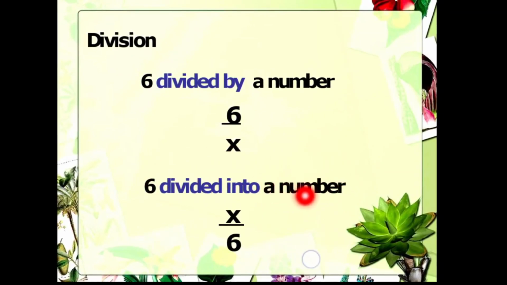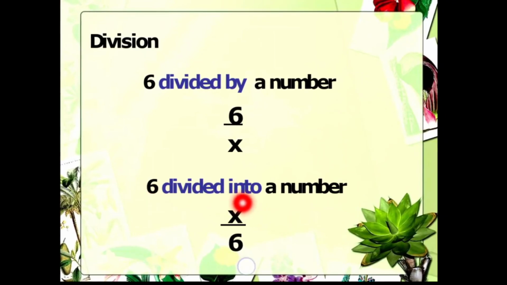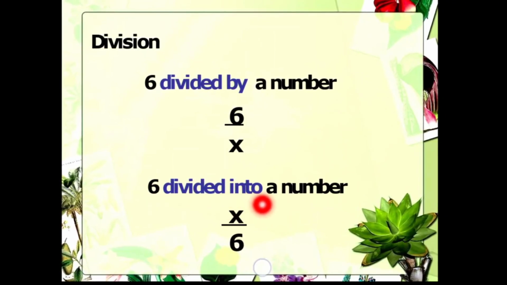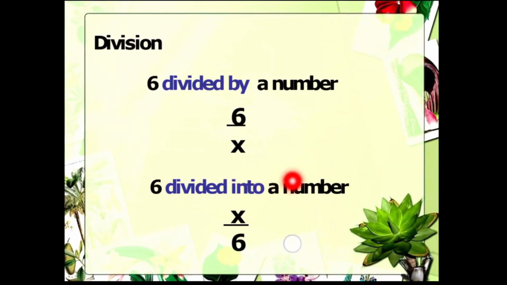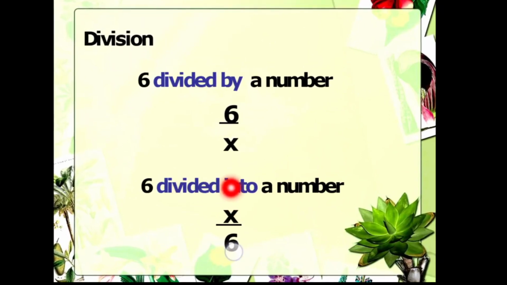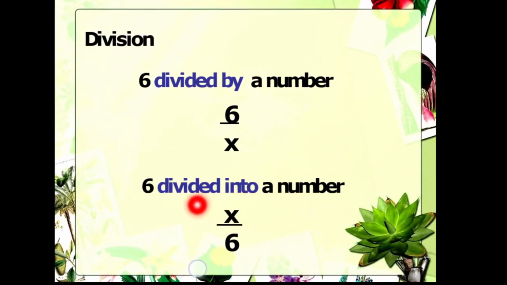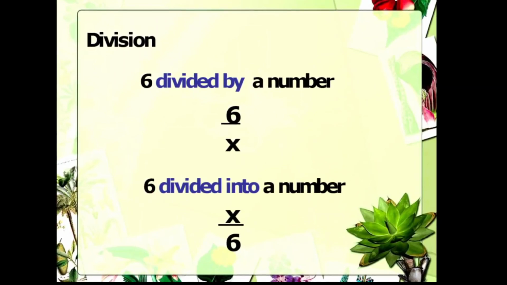So, a number, then it will become divided by 6. Divided into a number, that is x, for instance, then division, divided by 6. So x over 6.